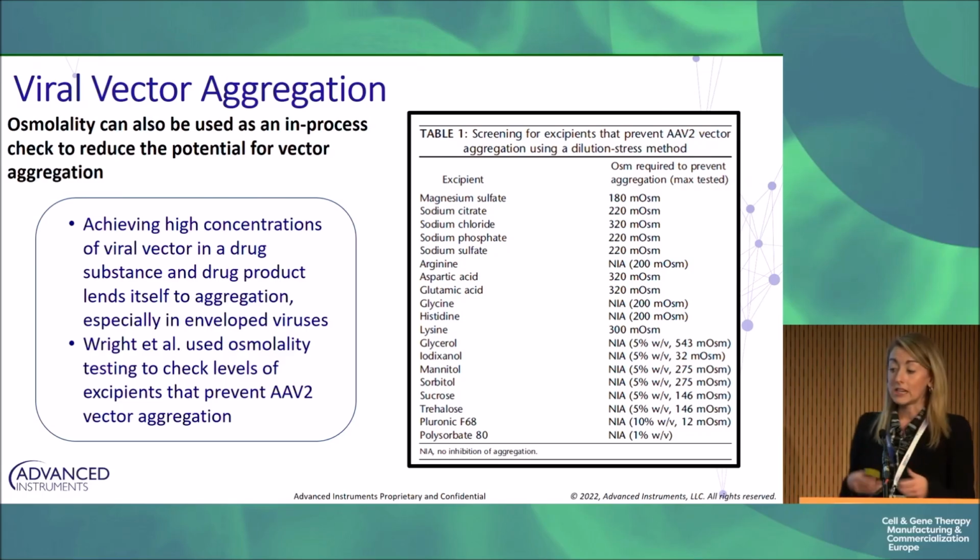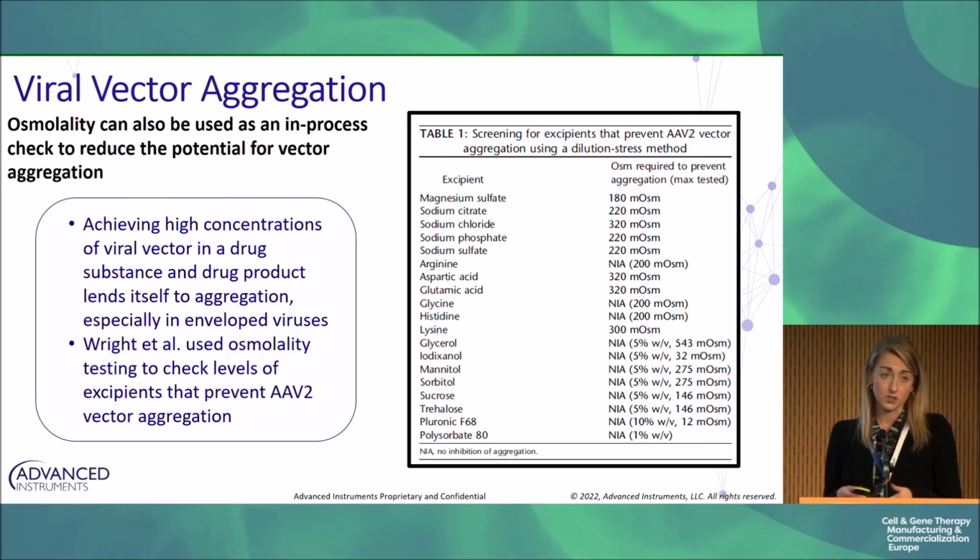You can see it really differs between the different excipients. A base level of 180 milliosmoles is quite low in comparison to maybe your cell culture, for example, and then it goes up to around 320 milliosmoles. So you're still staying at a relatively low osmolality, but this may differ from what you would normally expect in that solution at this point.